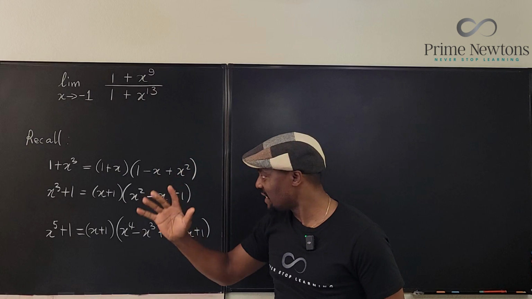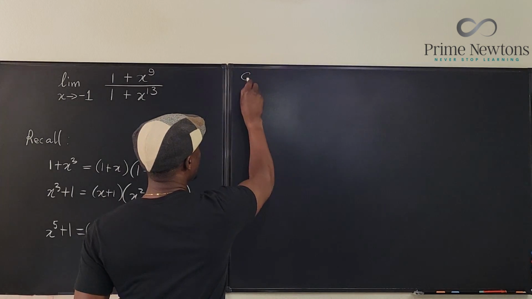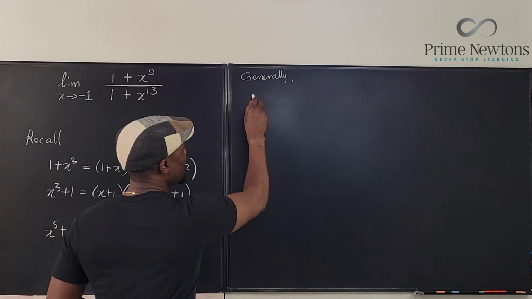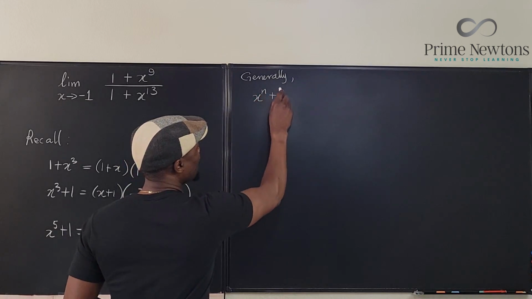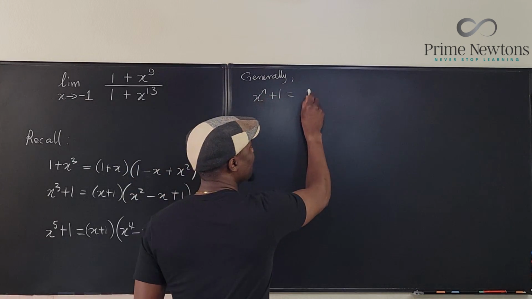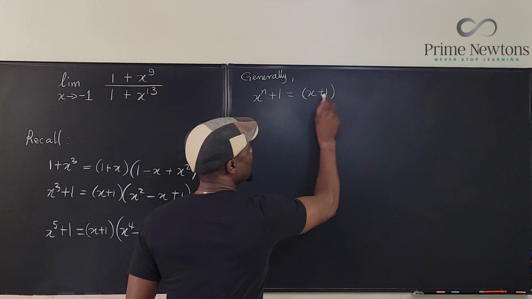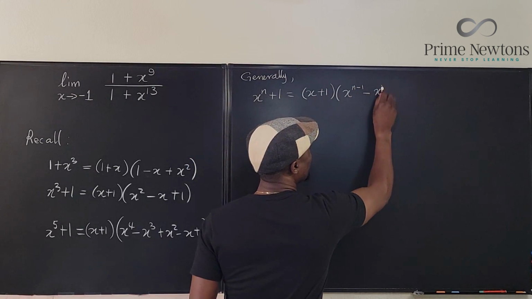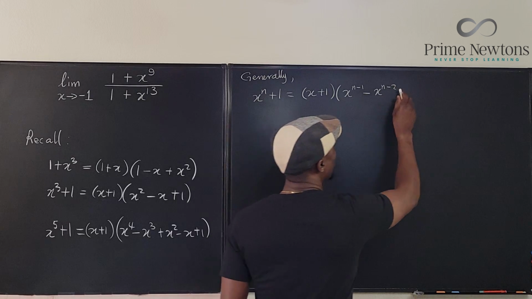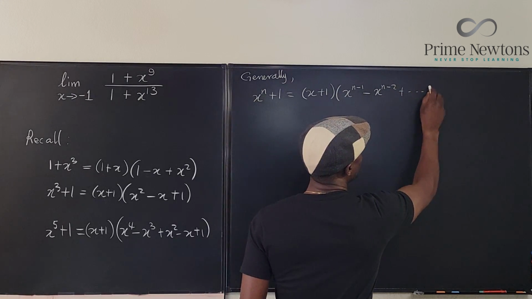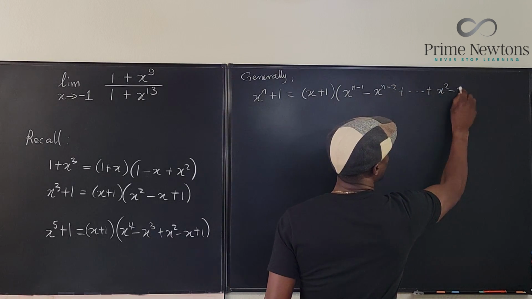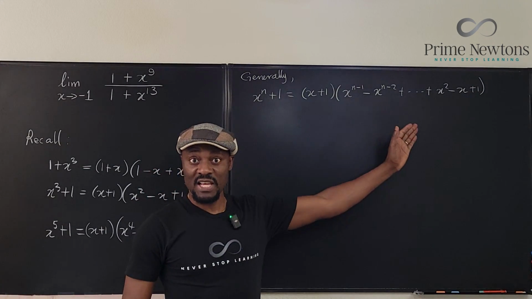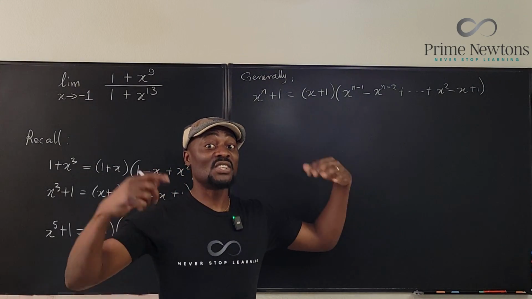So you can already see that generally, x to the n plus 1 can be written as x plus 1 times x to the n minus 1 minus x to the n minus 2 plus, you keep going until you get to x squared minus x plus 1. That is the general expression if n is odd.